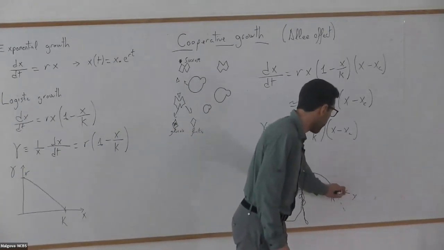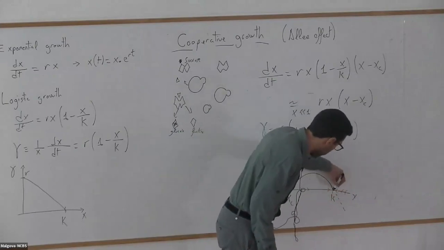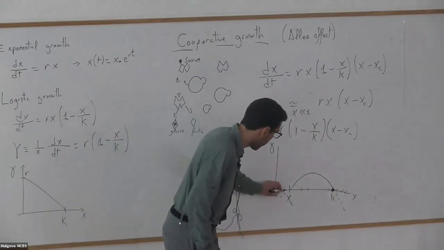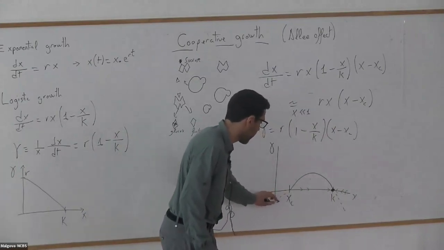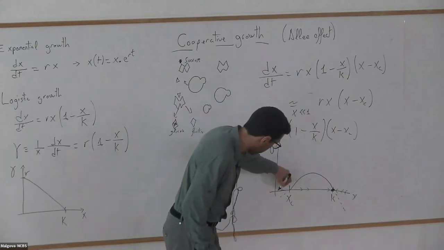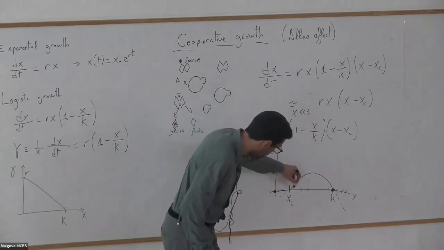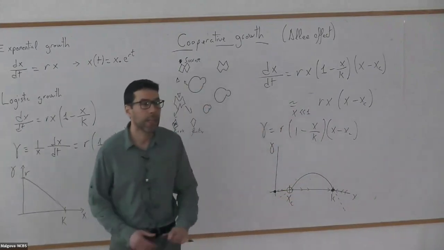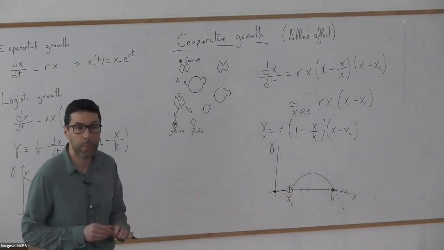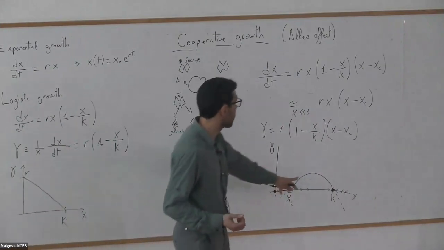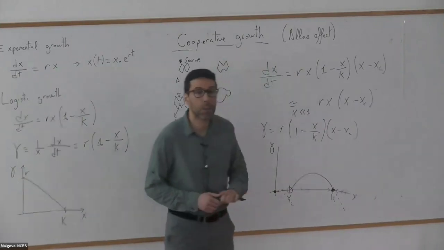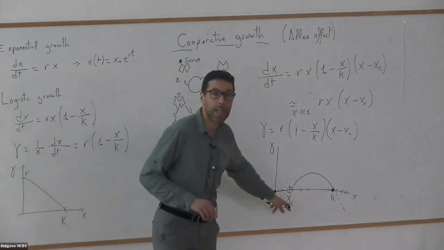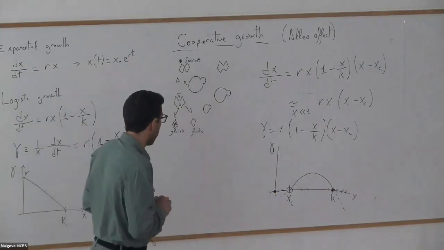If we are above the carrying capacity, then it will move here. However, if we are here, the growth rate is negative, and this population will now go to extinction. So we have now one unstable point at a threshold for the population, which is called the Allee threshold, because this model for cooperative growth was originally studied by Allee, and we also call this the Allee effect. Okay, very good.